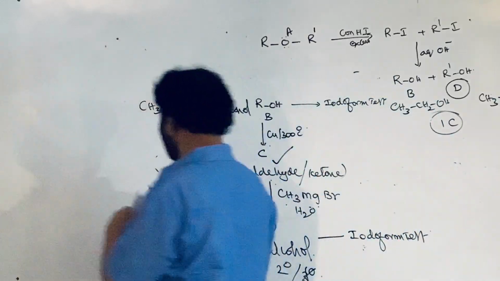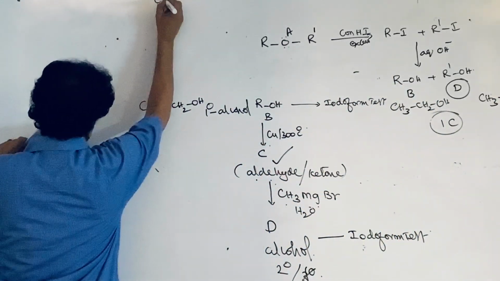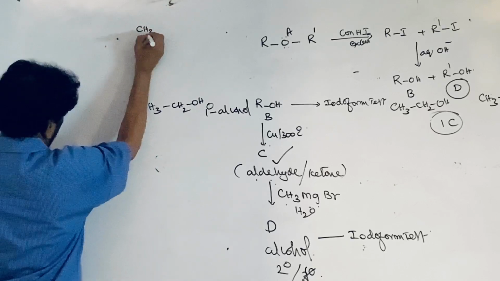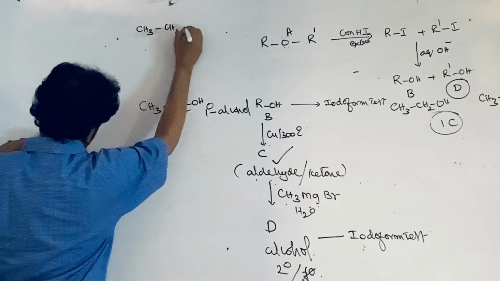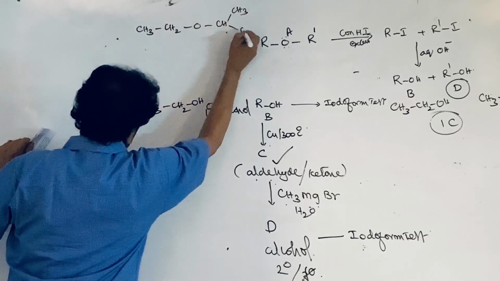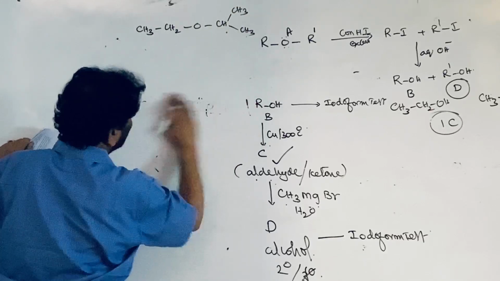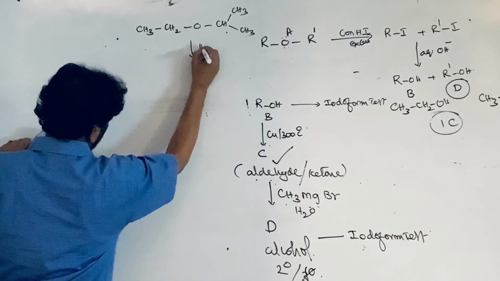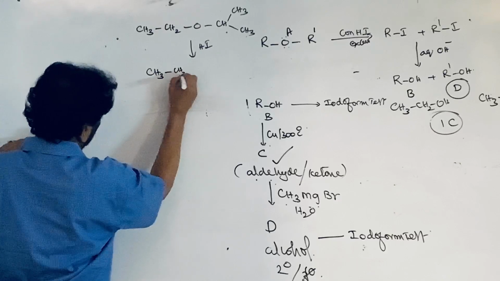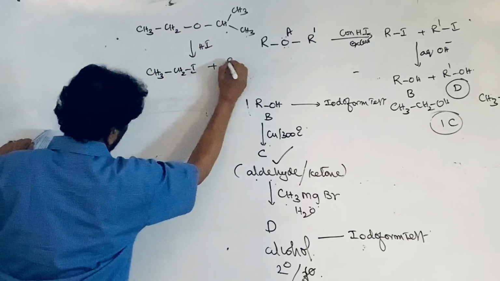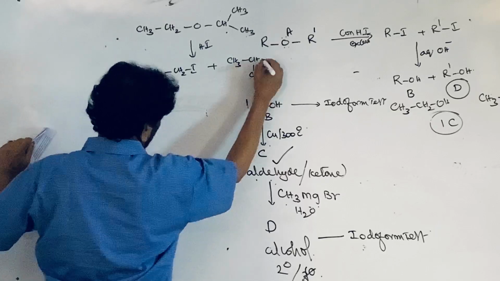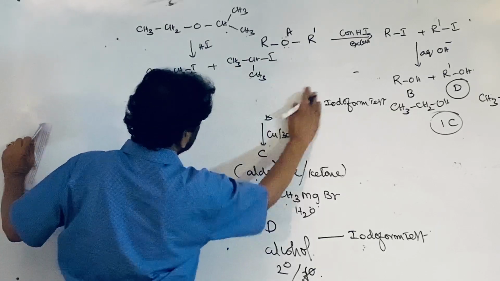So if you want to write this one, this is CH3CH2, your original ether is this. Isopropyl alcohol. This on treatment with HI, ethyl iodide is formed, plus isopropyl iodide is formed, right?